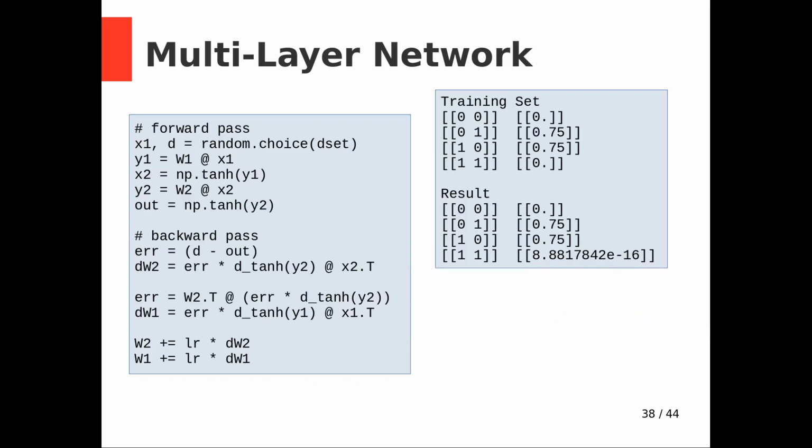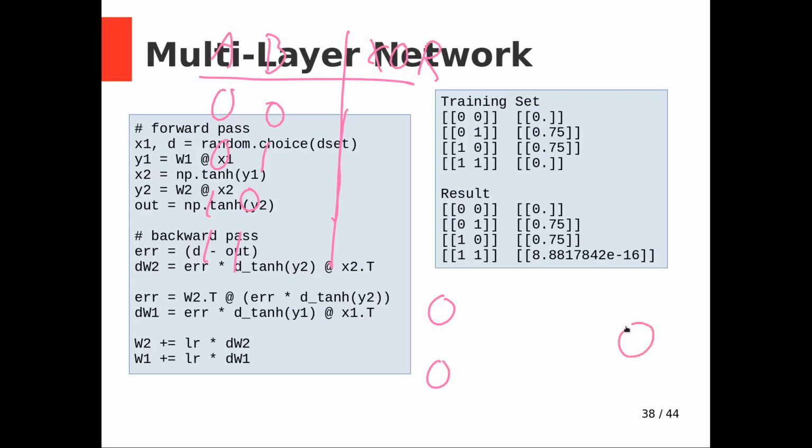So a fair question to ask at this point: we know the input needs to be 2 units, because if we look at one of these rules, we know that we have 2 inputs. We know that the output needs to be 1 unit because we have 1 output.